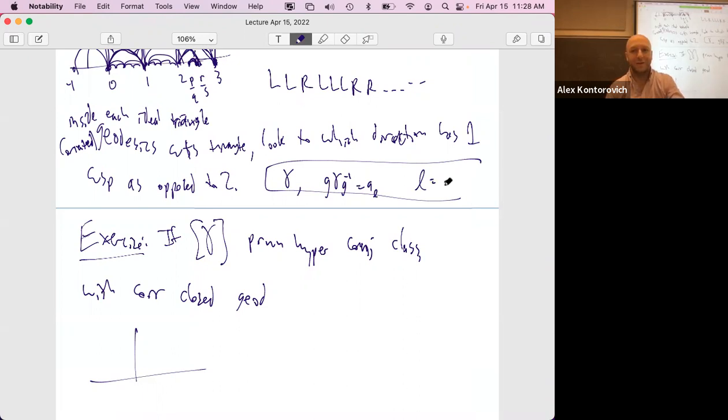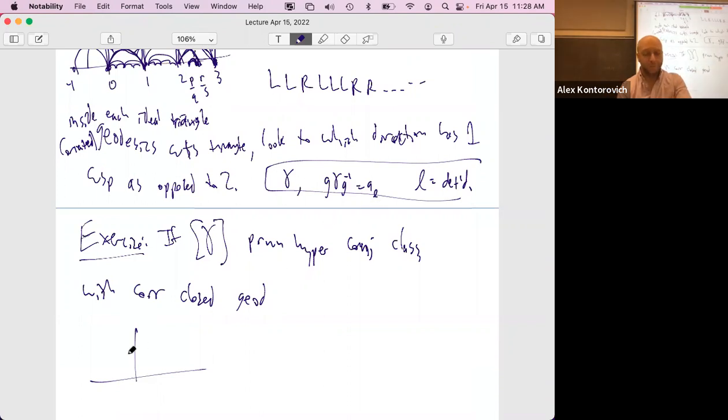So the length is determined. That means that we can work out what these G and G inverses are. So we only know G and G inverse up to the things that commute with AL. In other words, there's a choice. There's infinitely many choices where to start your geodesic.